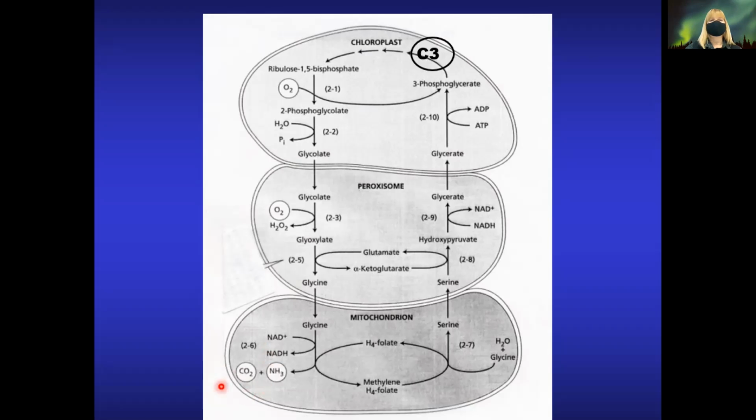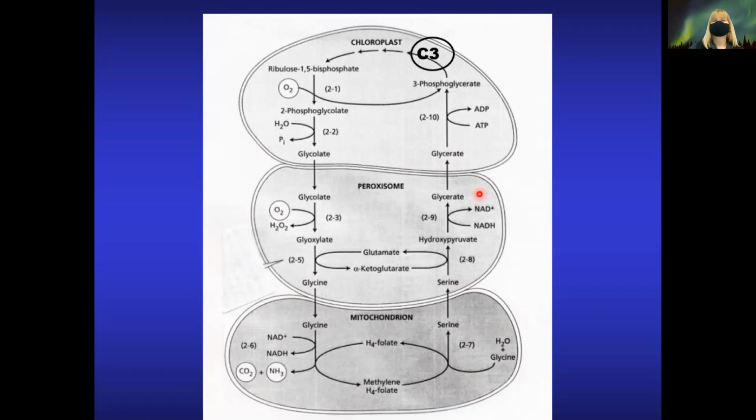All right, so CO2 is given off in the mitochondria. That's pretty important. I want you to know that as well. So by the time this glycine and this glycine go through this little reaction, one of the carbons gets lost in the form of CO2. You're left with a 3-carbon serine. Serine leaves the mitochondria, goes into the peroxisome, and then you get this little reaction pathway, and you end up with glycerate.